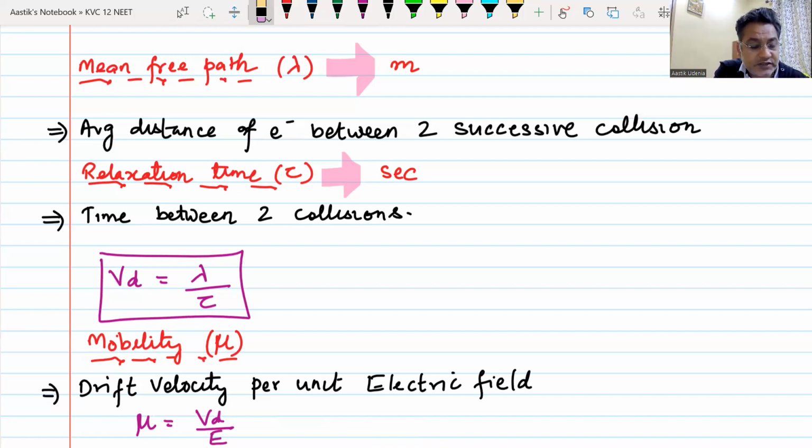What is the SI unit of mobility? It is drift velocity divided by electric field. Can you tell me what the SI unit will be? What is the SI unit of electric field? It is volt per meter, yes or no?